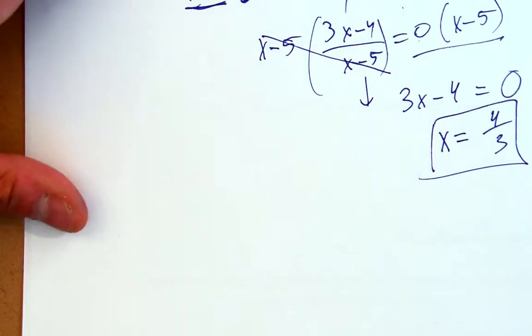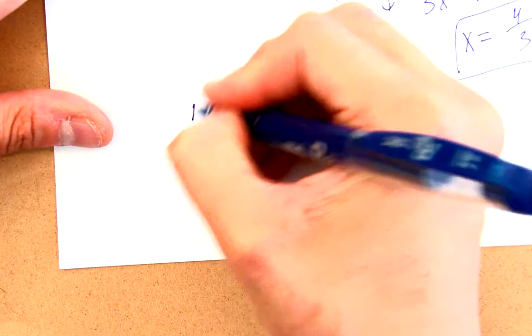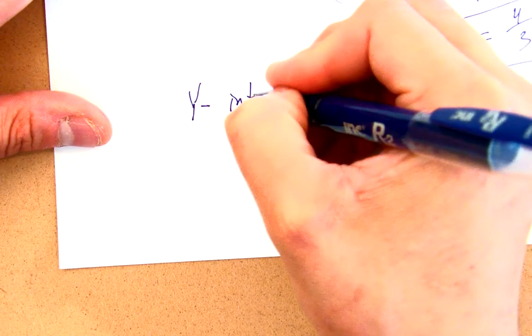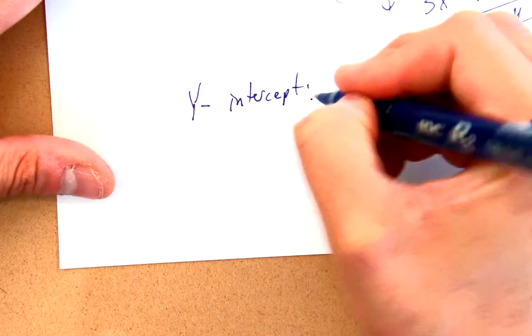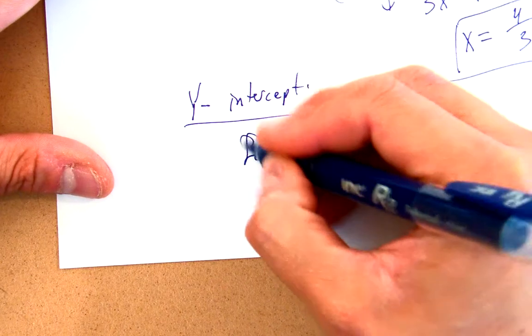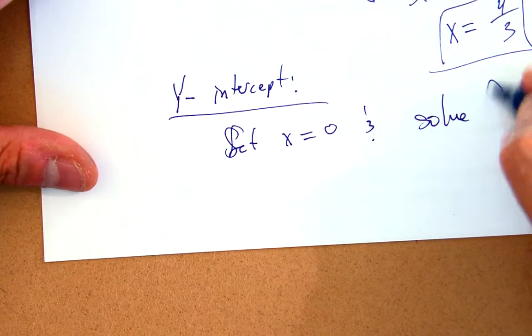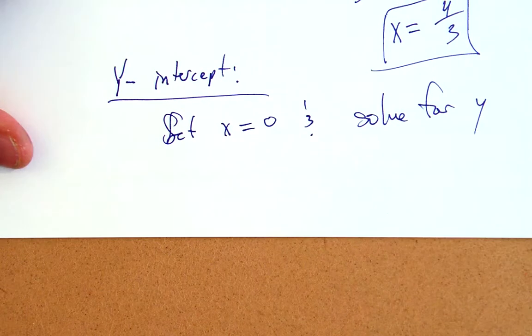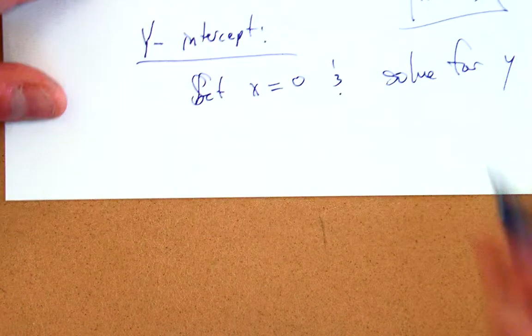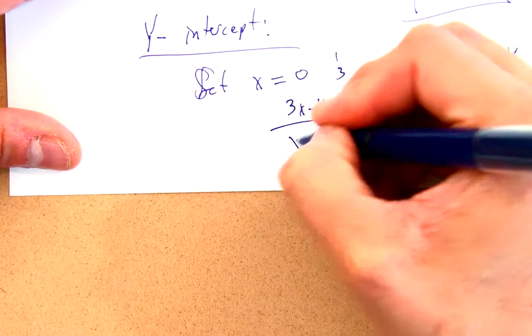The y-intercept is the exact same thing but reversed. Who can guess how to find the y-intercept? Set x equal to 0 and solve, in this case for y. So if I write my function, it is y equals 3x minus 4 over x minus 5.